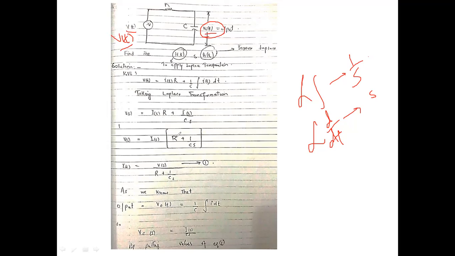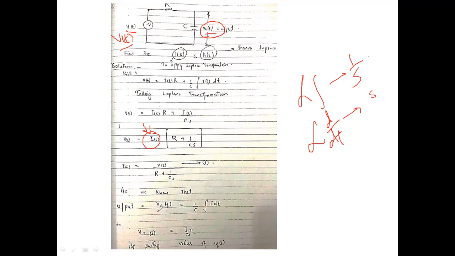From this equation we got V of S is equal to this. There is an extra term of I of S, and we need the VC of S, the voltage drop across the capacitor. So in order to introduce VC and to replace I, we have to find I. From this equation, I is equal to V of S divided by R plus 1 over CS.